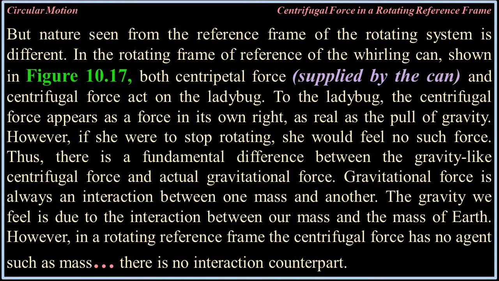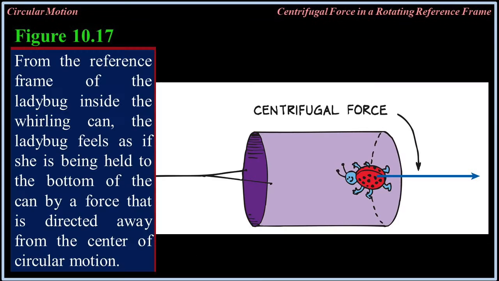Gravitational force is always an interaction between one mass and another. The gravity we feel is due to the interaction between our mass and the mass of Earth. However, in a rotating reference frame, the centrifugal force has no agent such as mass. There is no interaction counterpart.